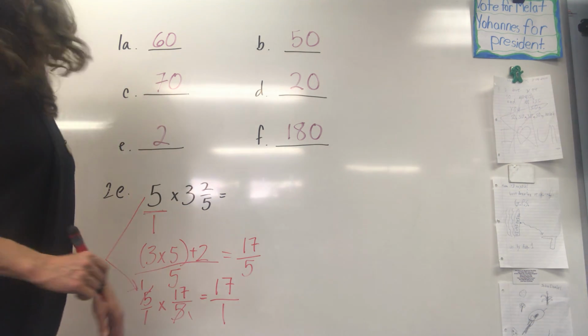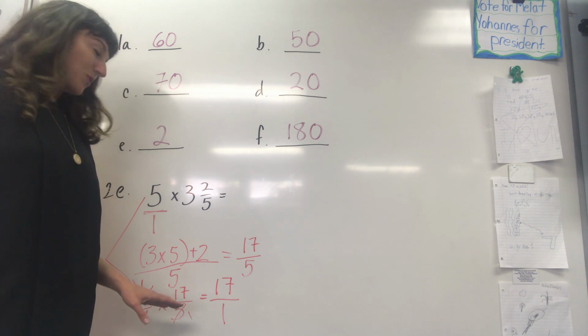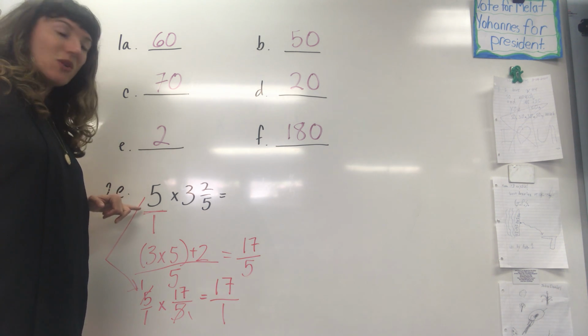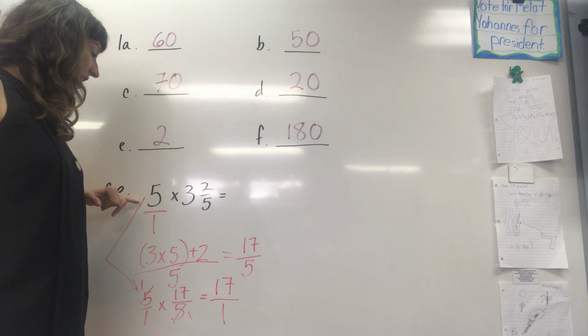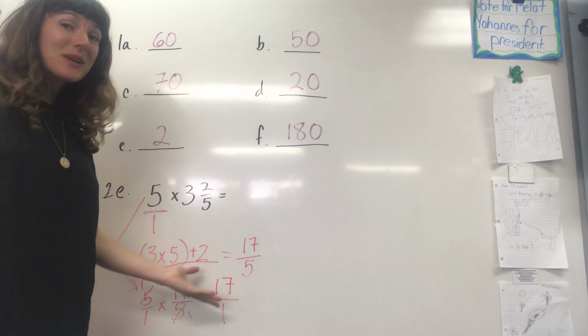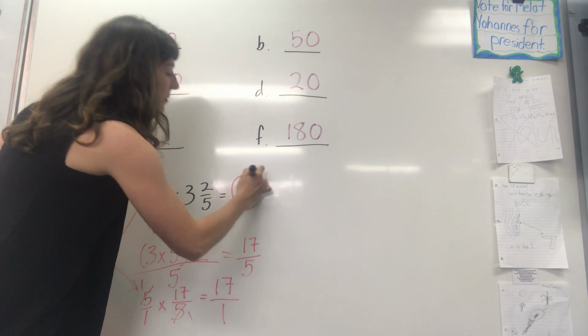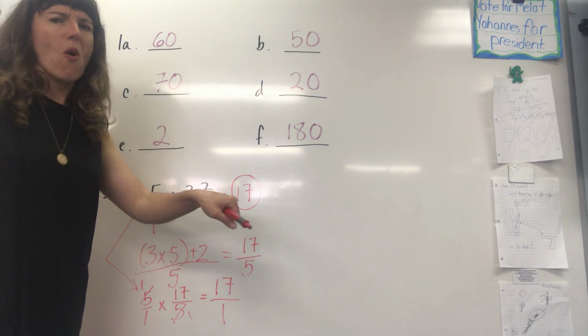This is an improper fraction. All we have to do to turn it into a whole number is the opposite of what we did here. We place the 1 underneath the 5, and all we have to do is erase the 1. Our answer is the whole number 17.